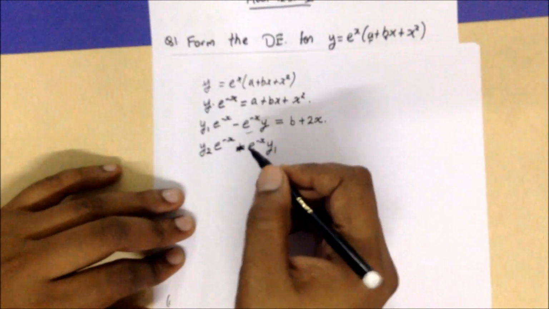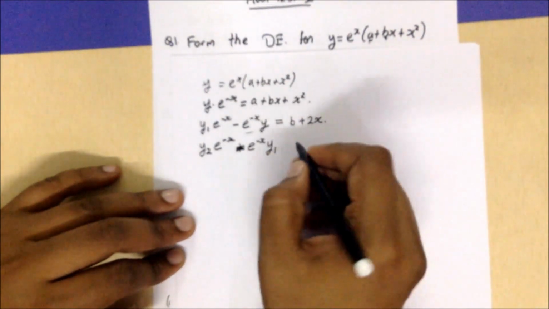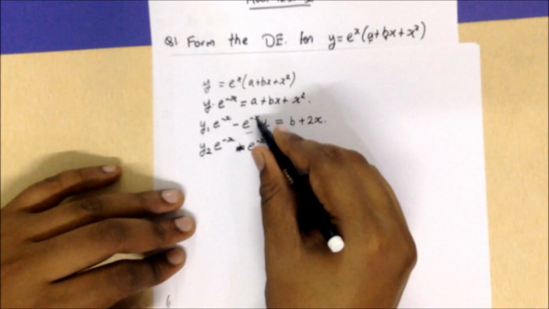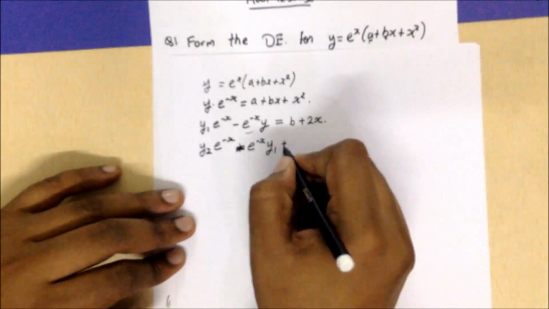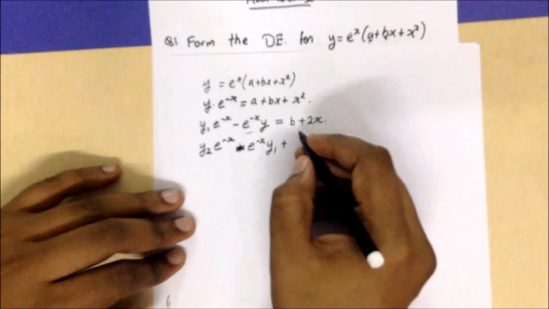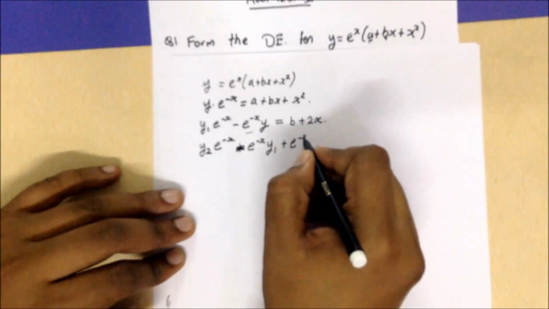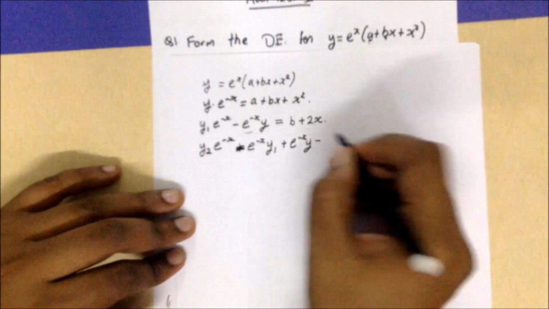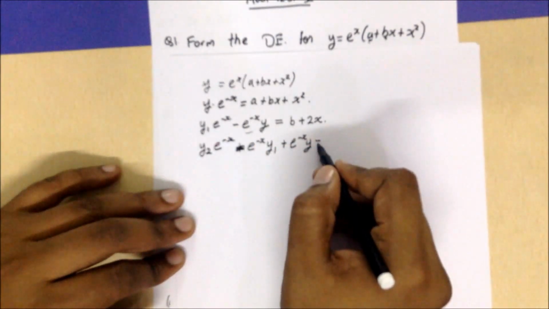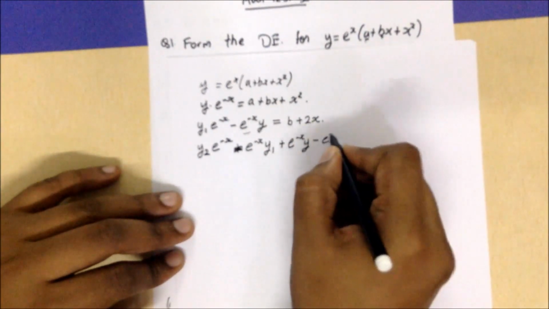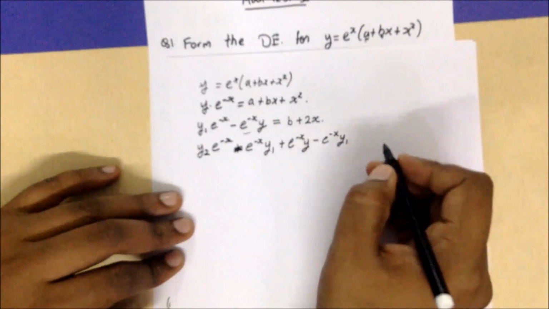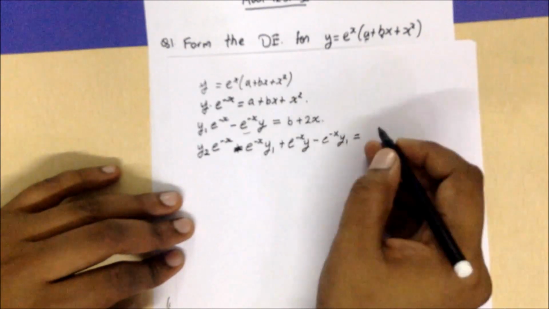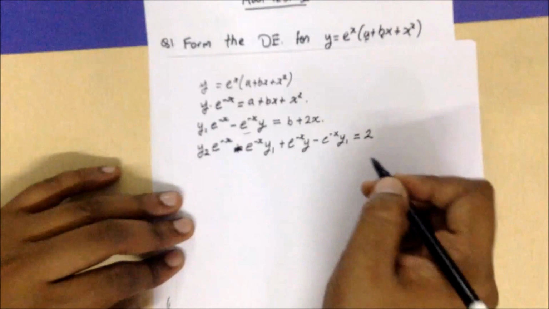Now this again is a derivative, so with the uv rule it's going to be e raised to minus x derivative, which is going to give me a plus because there is already a minus present. So e raised to minus x into y, and the derivative of that, since there is a minus present, is going to be minus e raised to minus x into y1, is equal to, now the b gets removed, so it's going to be 2.